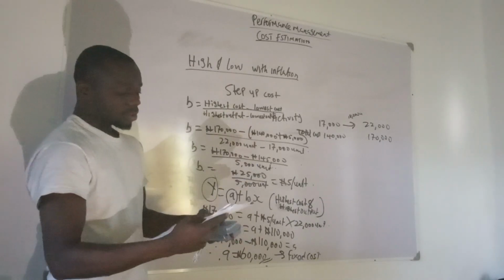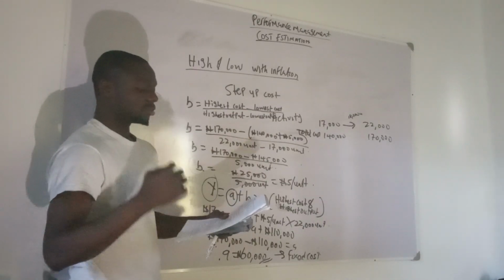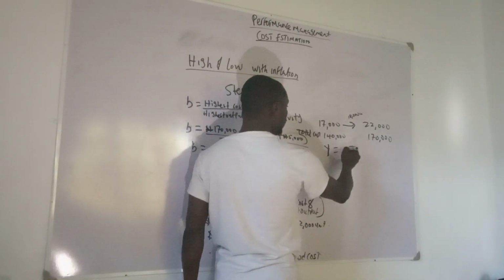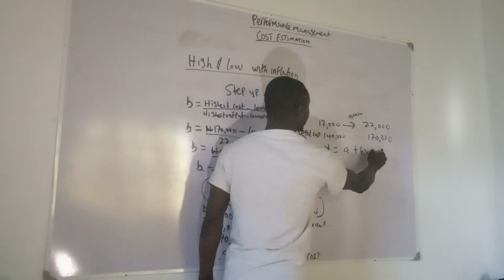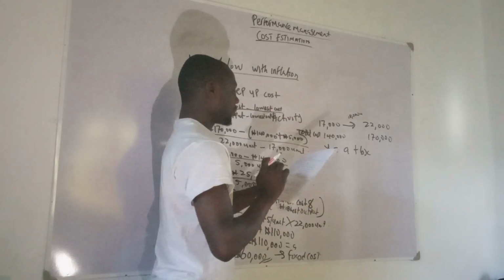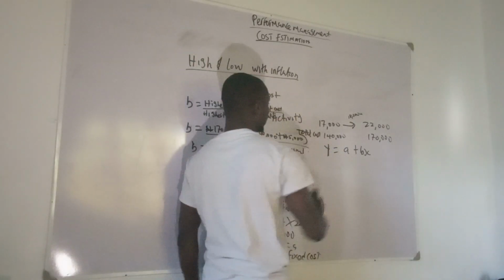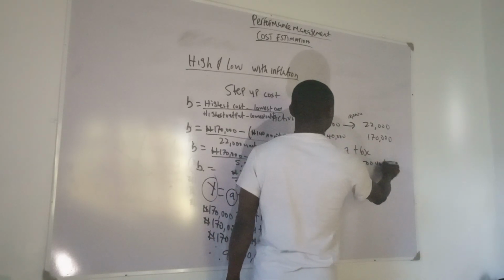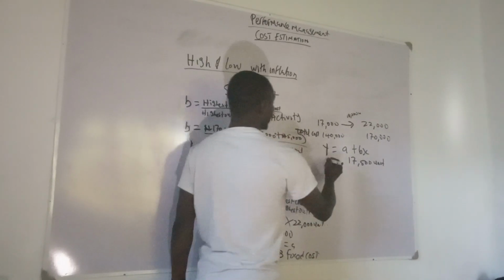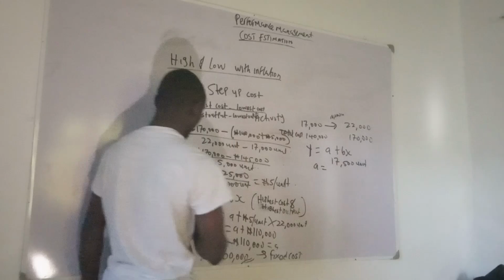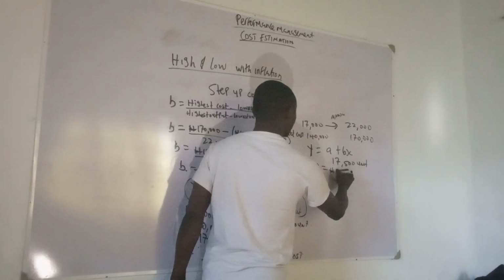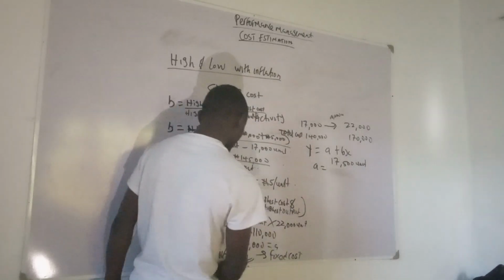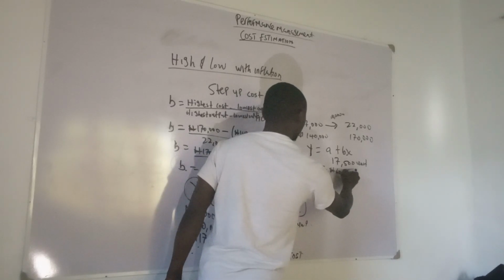Now, calculate the total cost at 17,500 units and 20,000 units. Don't forget that this is our cost function, A plus bx. When the output is 17,500 units, what will be the total cost? Don't forget that A is 60,000 naira.